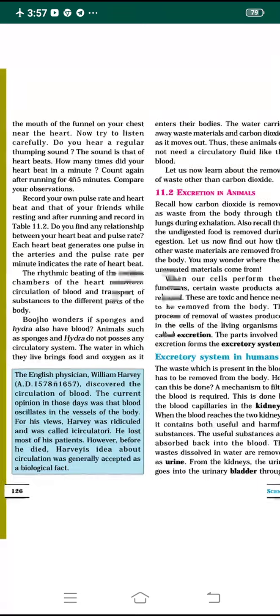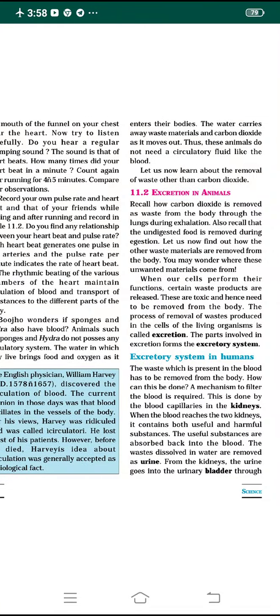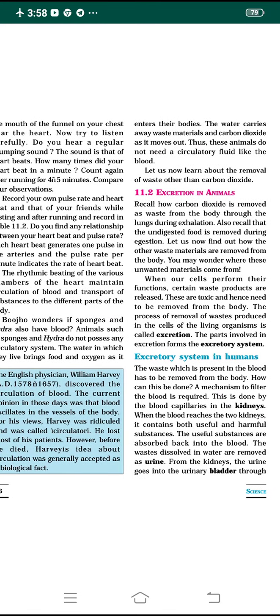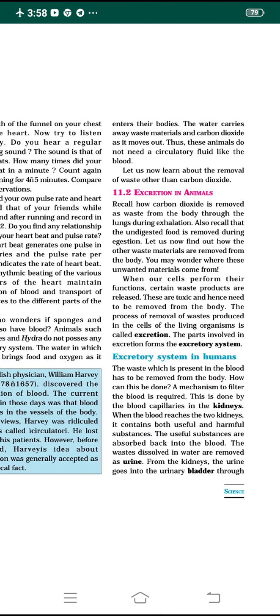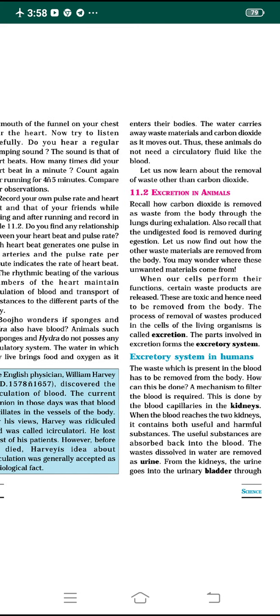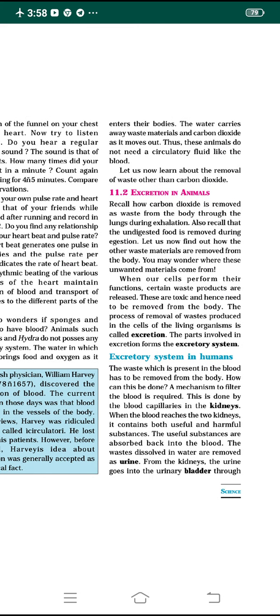Now there is a question: some animals live underwater, such as sponges and hydra. Do you think these animals also have blood in them? Animals such as sponges and hydra do not possess any circulatory system, and there is no blood inside them. The water in which they live brings food and oxygen into their bodies as it enters.